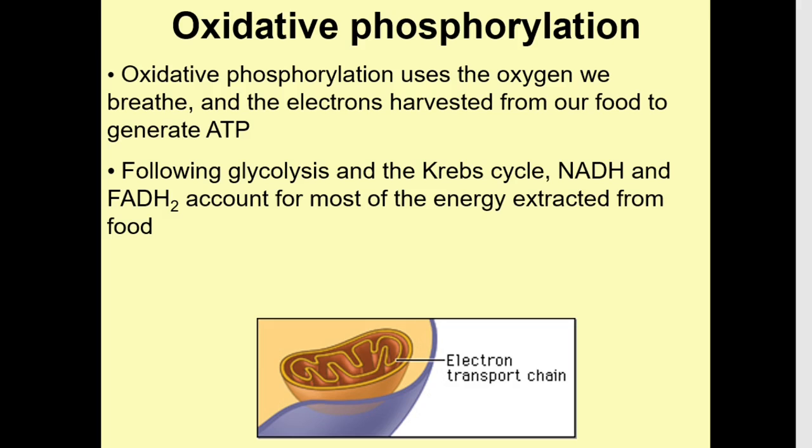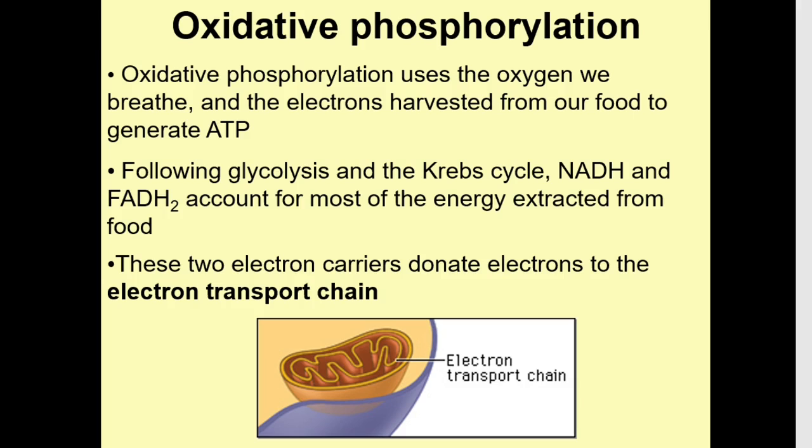Following glycolysis and the Krebs cycle, NADH and FADH2 account for most of the energy extracted from food. So I say most because we've also given off some energy as heat during the processes, but also we've given off some water and also some carbon dioxide.